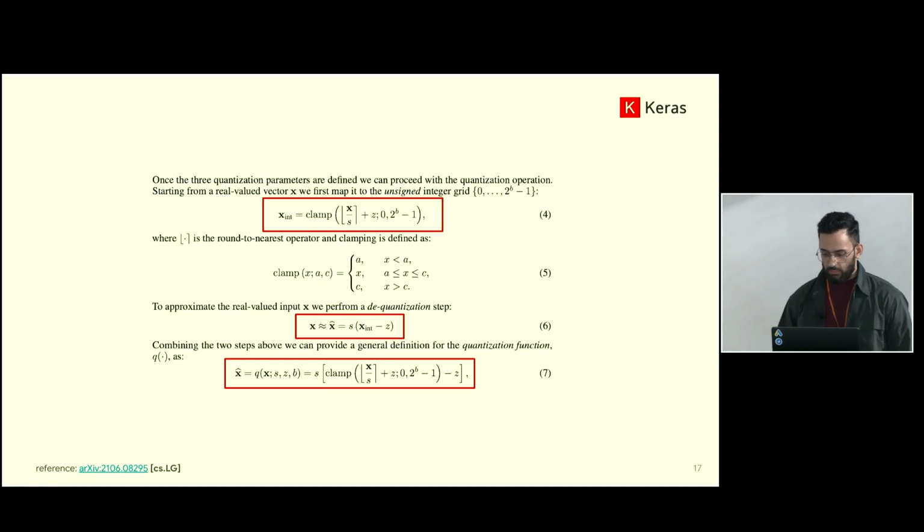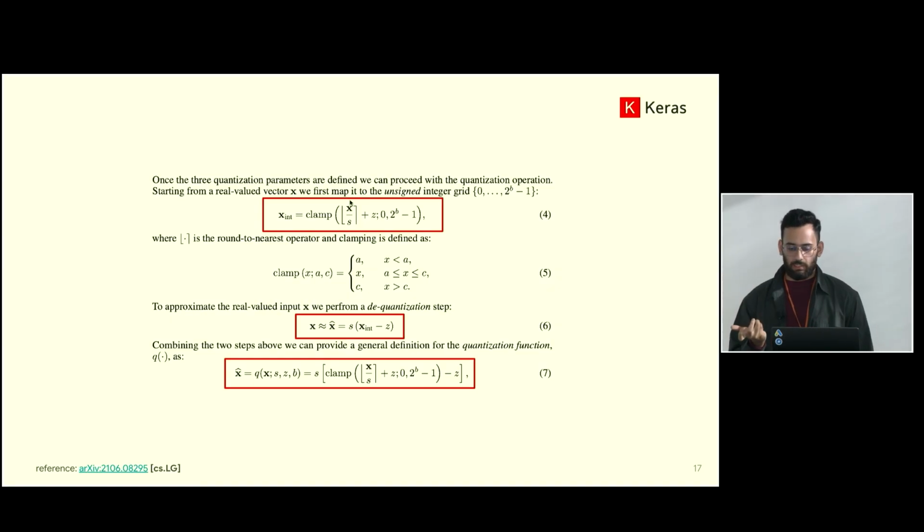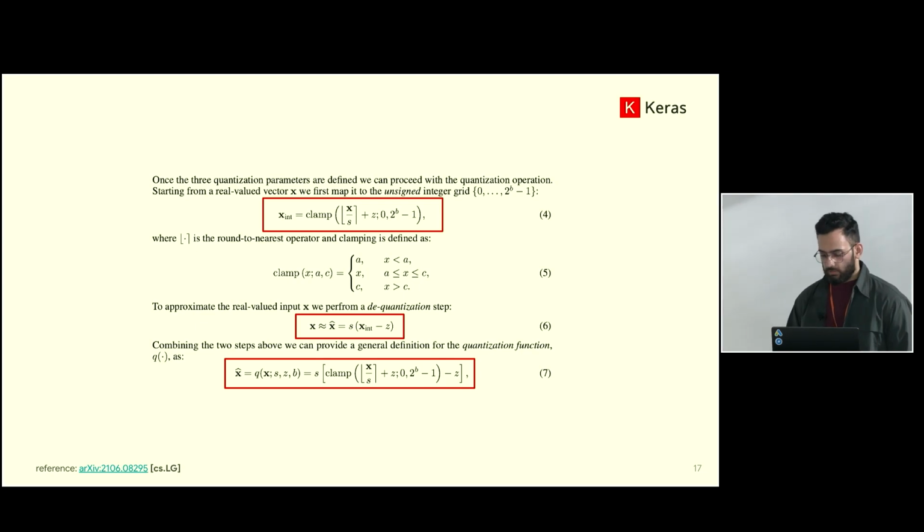You divide your floating point valued vector by the scale factor, and you get a particular value. Then you round it to the nearest integer. Once you round it, you add the 0 point z to the result that you get after the rounding operation, and then you just clamp the result between the representable range that you defined right here.